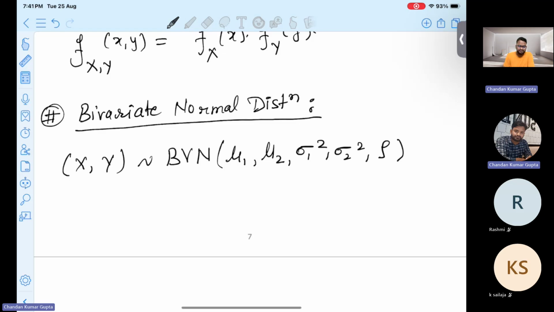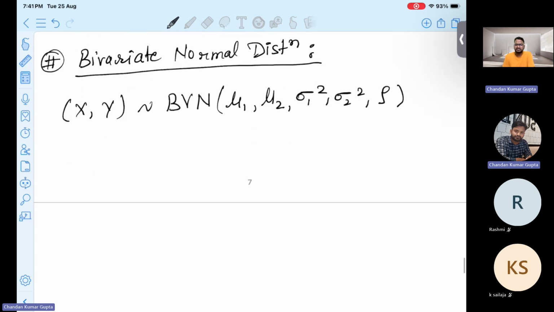Here mu1 and mu2 belong to the real numbers, sigma1 square and sigma2 square belong to the positive real numbers, and rho must lie within -1 to +1, including both.